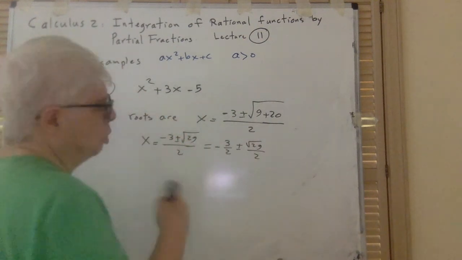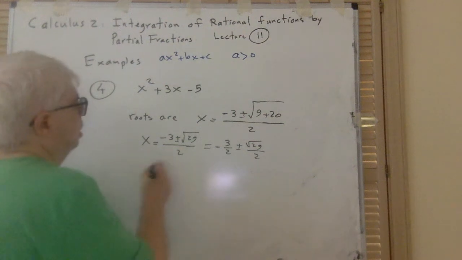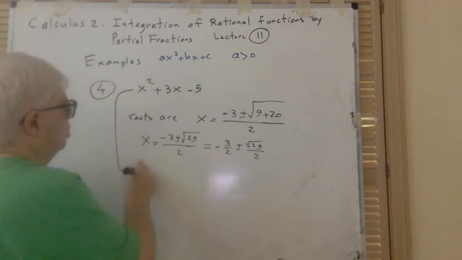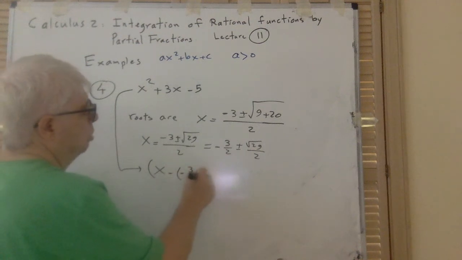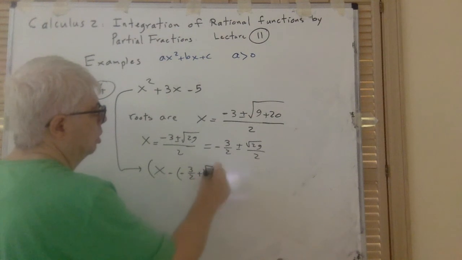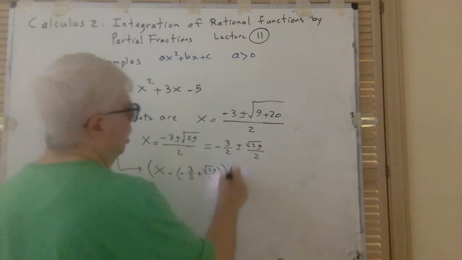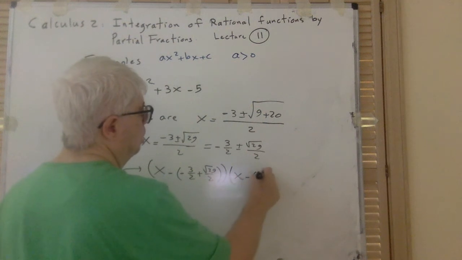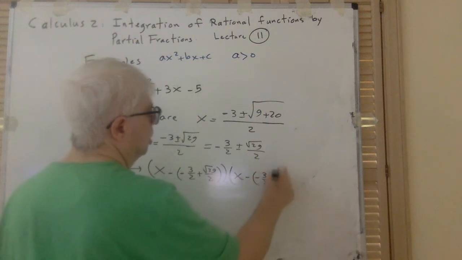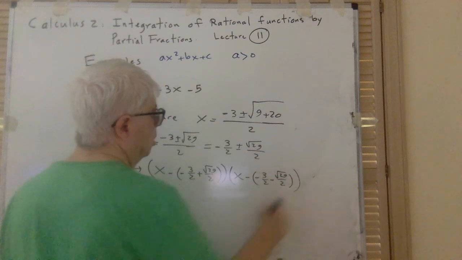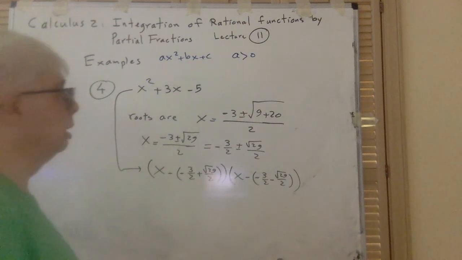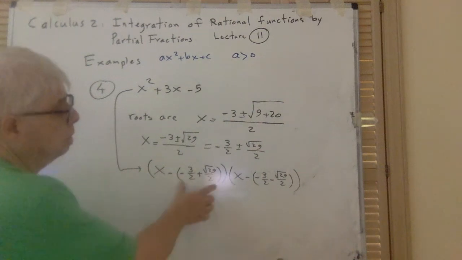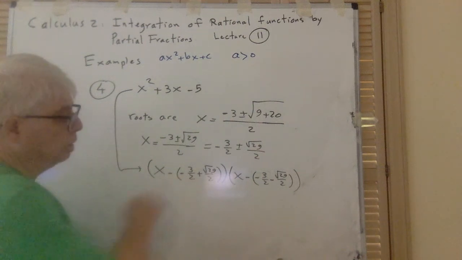But we can write it like this or we can write it like that, no difference. So this factors this way, x minus x1, what is x1? x1 is this, plus, times x minus x2, which is minus 3 halves, minus. And if you are given anything like this, my suggestion is not to apply the negative.